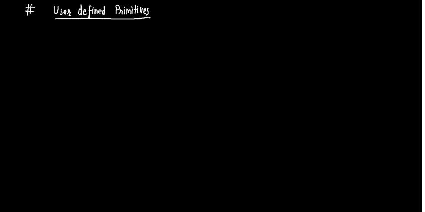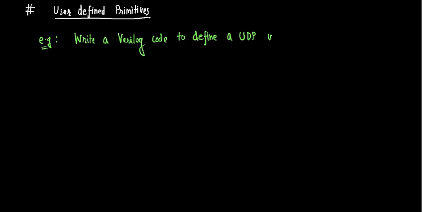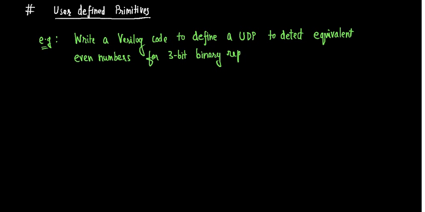Example: define a user defined primitive UDP to detect equivalent even numbers for 3-bit binary representation. Alright, go for it.